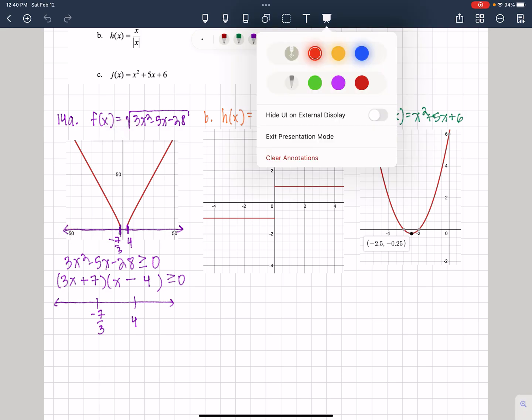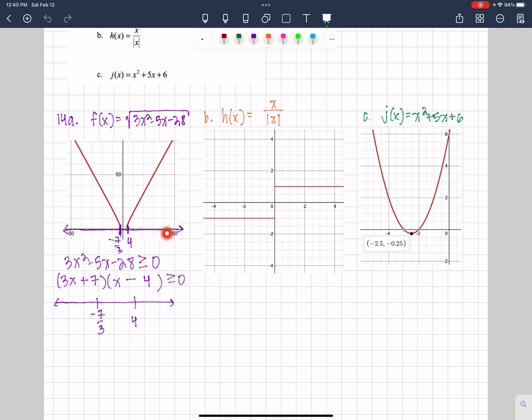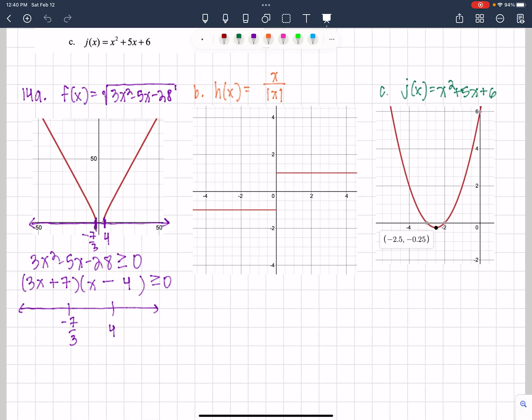Probably don't need to go that far out. But it is what it is. So all of these inputs from negative infinity to negative 7/3 and then 4 to positive infinity, all of these inputs will give me positive outputs. And that's what we want.